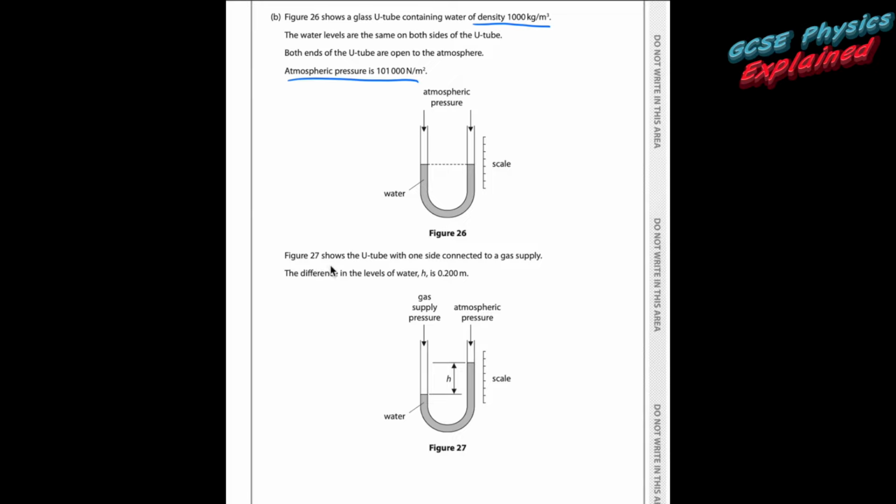Figure 27 shows the U-tube with one side connected to a gas supply. So that side there. The difference in the levels of water, h, is 0.2 metres. Right, so obviously the gas must be pushing in there, and it's forcing this bit of water down and that up. It's created this change in height here, h.